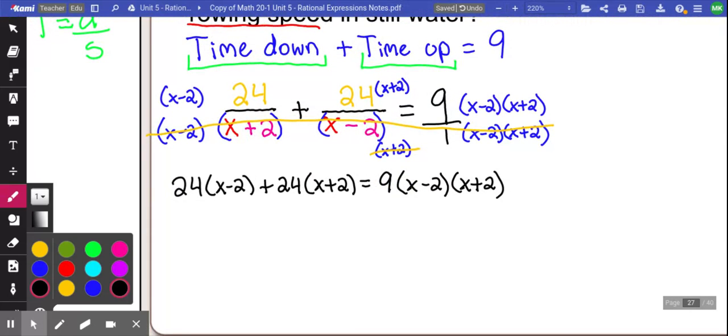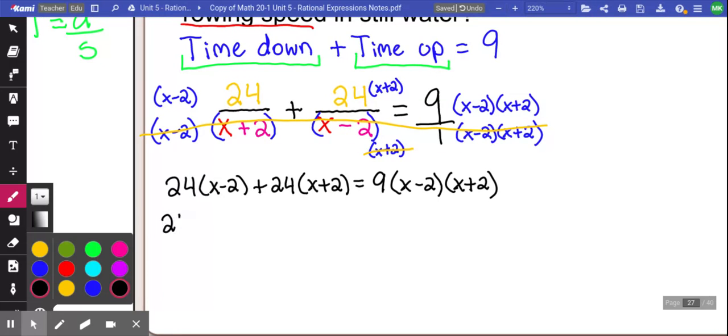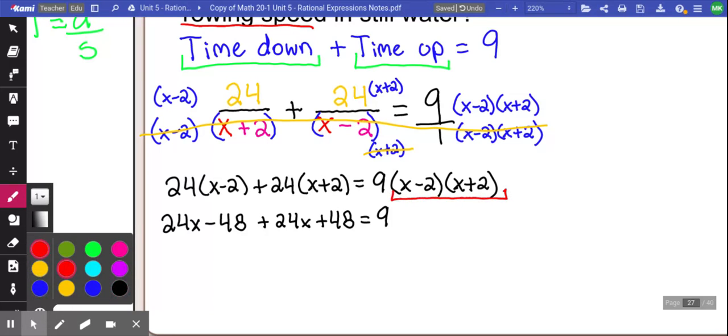Anytime you want to solve, because you've got rid of your denominators, you have to expand. So we're going to multiply that 24 in to become 24x minus 48. This will be plus another 24x plus 48. Over here, the 9 stays out, and then you multiply these two things together. When you multiply those two things together, you get x squared minus 4.